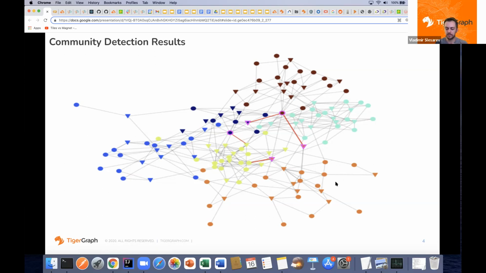Now, it may be a suspicious community, right? For example, you have a bunch of users here who have multiple flagged transactions within each other. How is this particular community connected to, let's say, this blue community? There's a lot of interactions going on here. You can see that this graph is very, very dense.